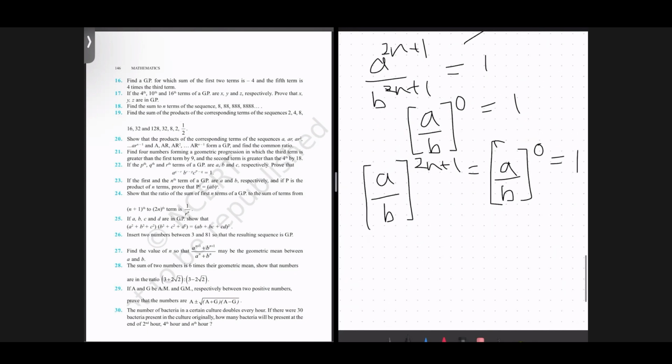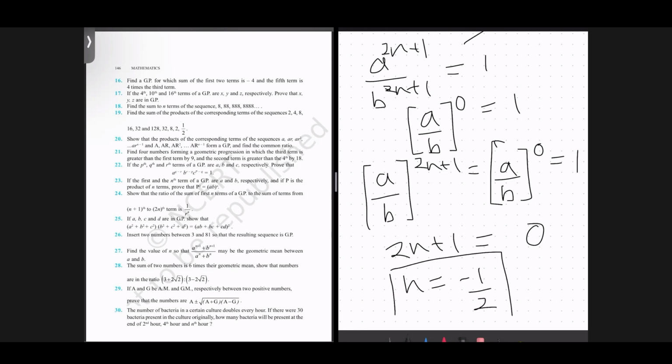So can you say that 2n plus 1 equals 0? Correct. So n equals minus 1 by 2.